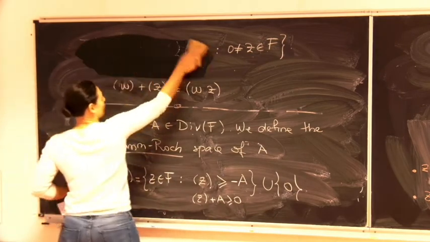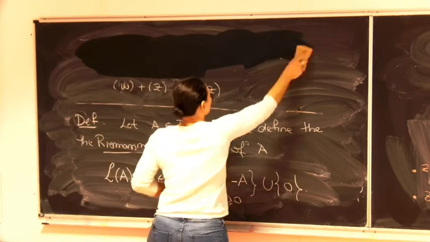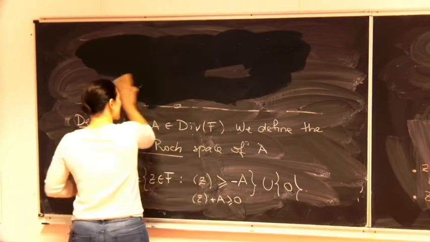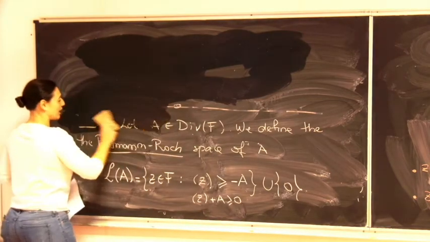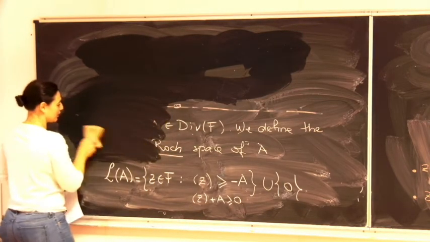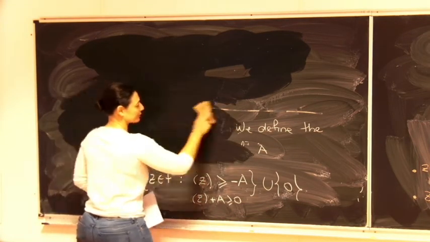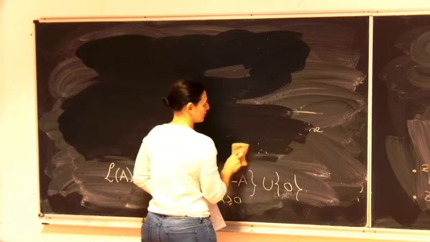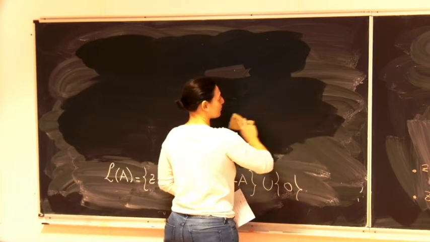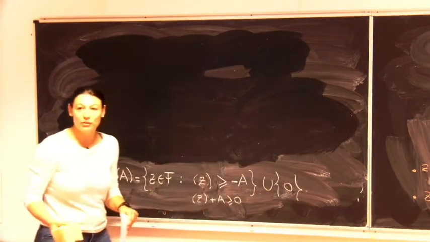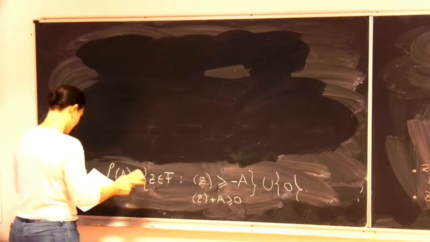So the elements in the Riemann-Roch space are the elements which prescribe zeros and poles where I'm choosing, on the support of the divisor A. We will see an example with the rational function field in a minute.